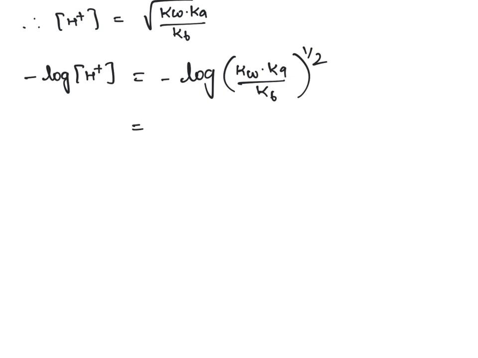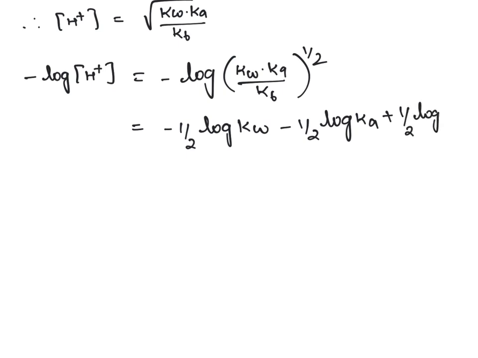If I expand this term, minus 1 by 2 log Kw, minus 1 by 2 log Ka, minus of minus becomes plus 1 by 2 log Kb. Minus log H plus is equal to pH.